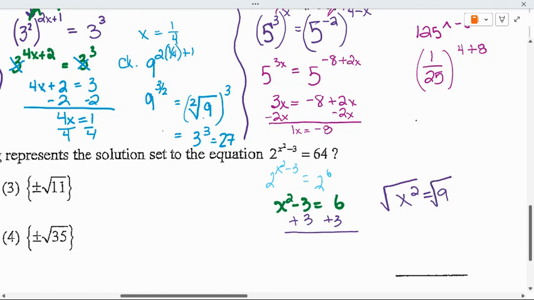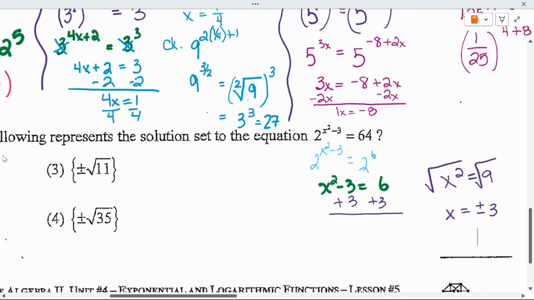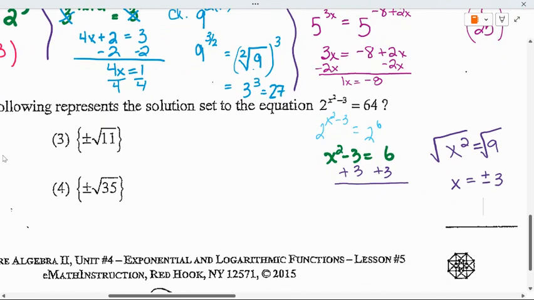When you physically draw the radical yourself, what do you have to remember? That every perfect square underneath the radical has a positive and a negative. It has both a positive and a negative root. So what answer choice is that? It's answer choice number 1.